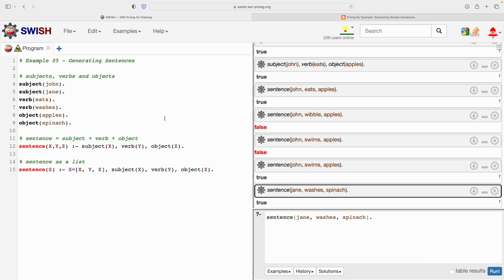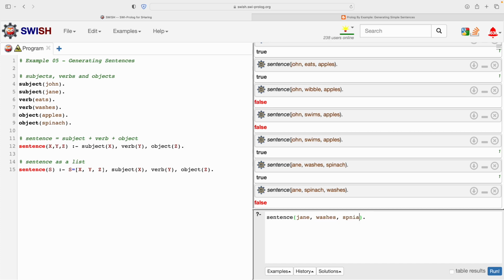So this is what we've done here, is we've used the schema for a very simple sentence to test whether this is a well-formed sentence, and we found some examples where it's not. If I put these things out of order, like spinach and washes, that should also fail. That will fail, because although Jane is a subject, spinach is not a verb, and washes is not an object. It has to be in that order.